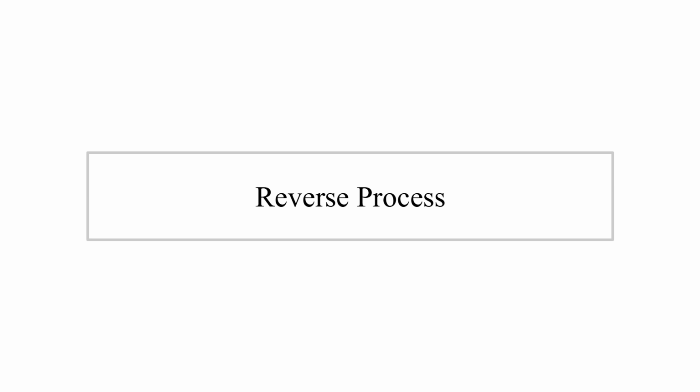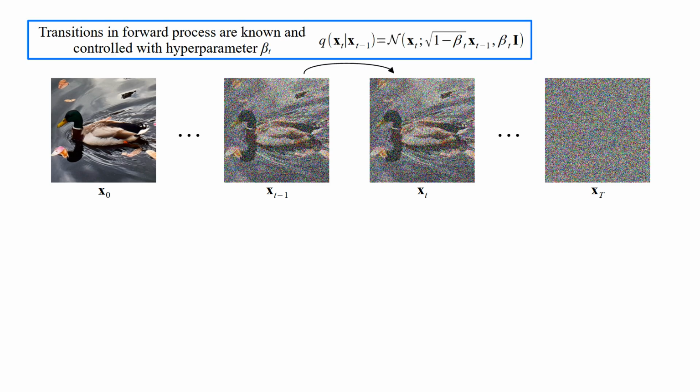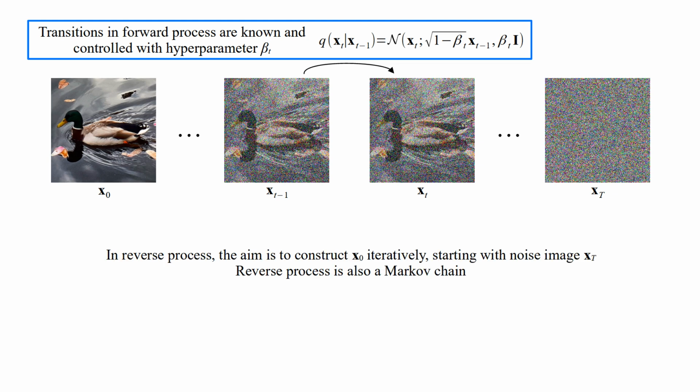Reverse process. Transitions in forward process are known and controlled with hyperparameter beta t. In reverse process, the aim is to construct x0 iteratively, starting with noise image x capital T. Reverse process is also a Markov chain.